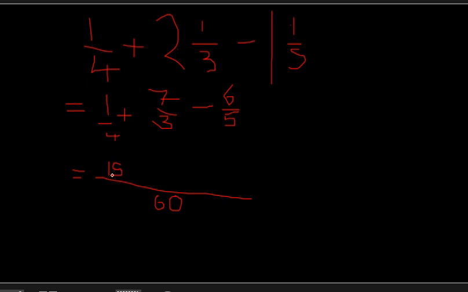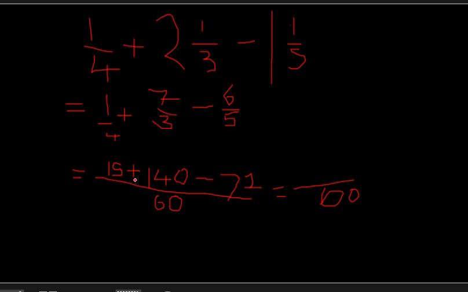How many times does 3 go into 60? It goes in 20 times. 20 multiplied by 7 on top, you have 140. Minus. How many times does 5 go into 60? 12. 12 multiplied by 6, you have 72, over the lowest common denominator 60.